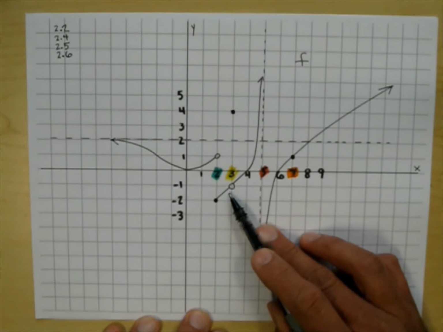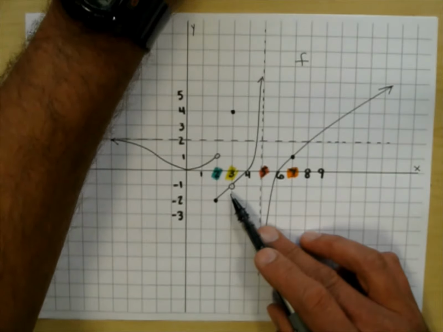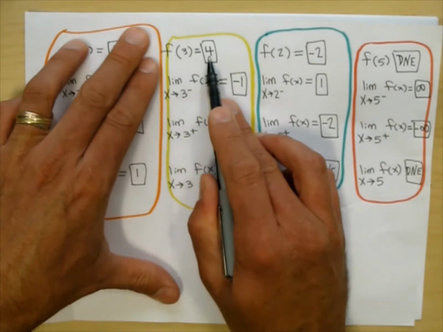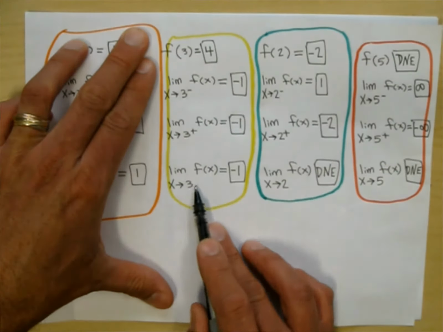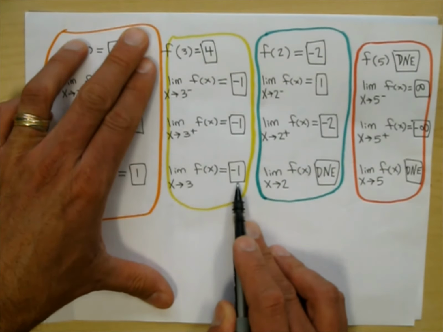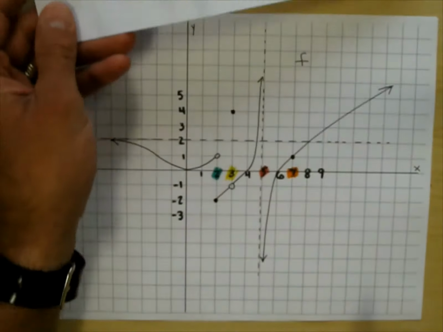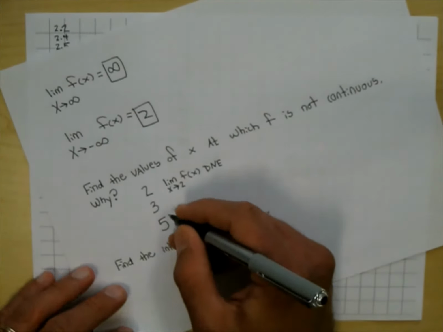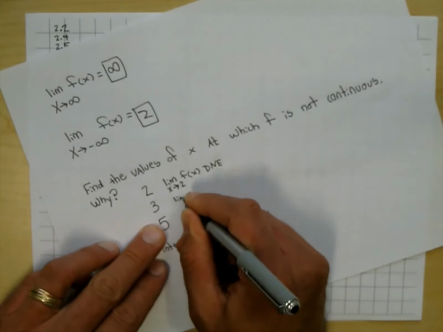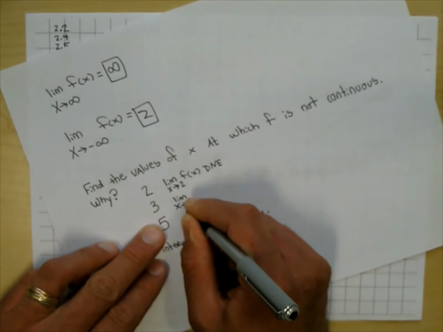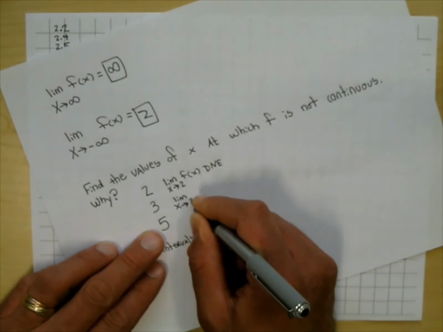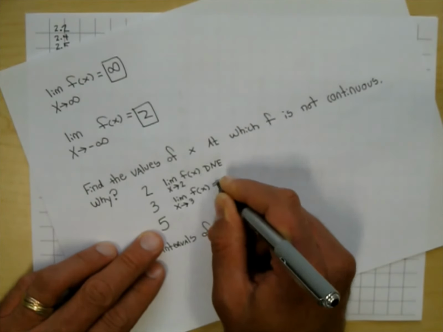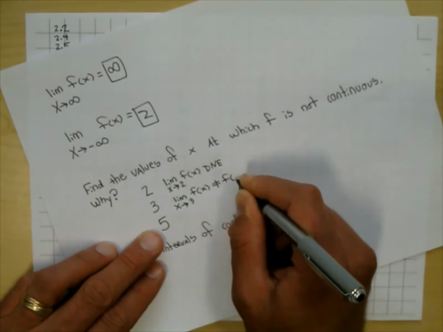The problem is f of 3 does not equal the limit. And look, you can see it right here. f of 3 is 4. The limit is -1. So those do not equal. And so that is the reason for this one. So I'll say the limit, kind of run out of space here, as x approaches 3 of f of x does not equal f of 3.